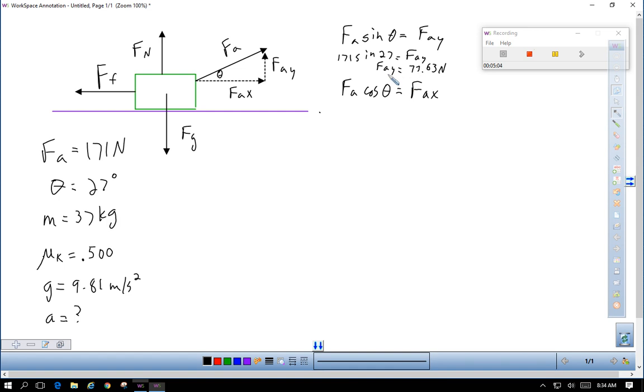So 77.63 newtons. FA cosine theta, 171 cosine 27, and that will be FAX.